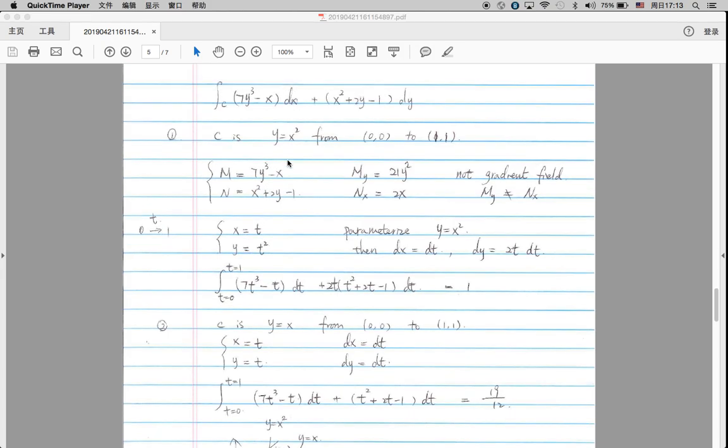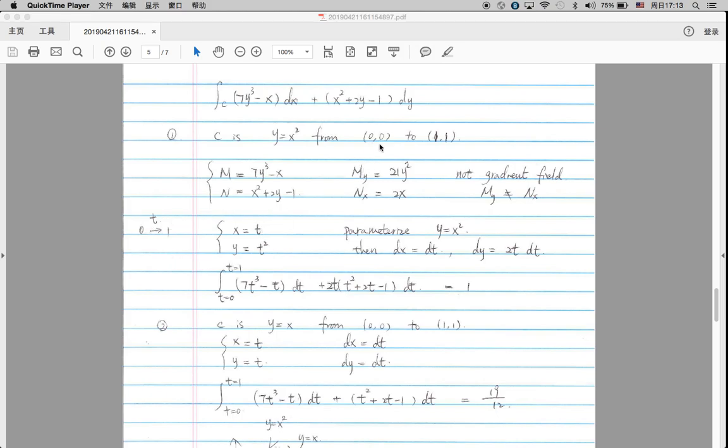So we need to plug in x and y in terms of t and t squared into this original function, and then evaluate the integral, and then the limits, the boundary for this integral is no longer x and y. It should be t.